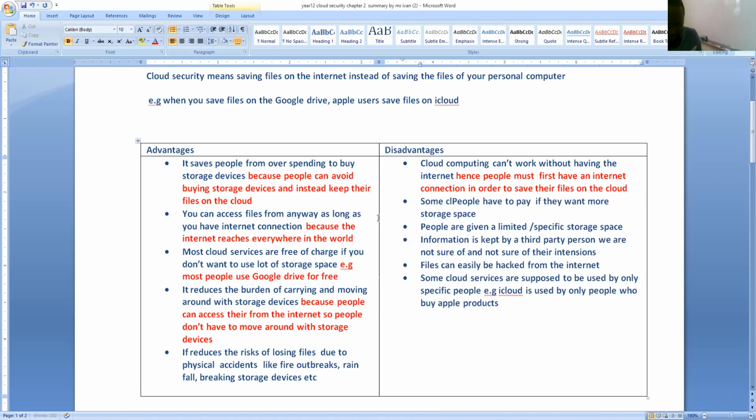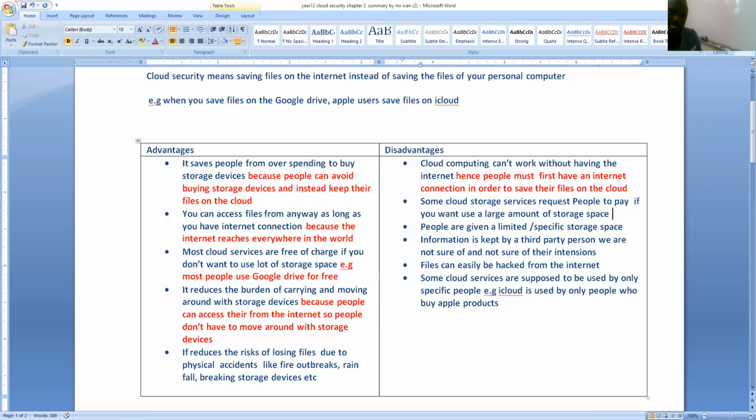Some cloud storage services request people to pay if you want to use a large amount of storage space. If you want to use a large amount of storage space, you have to pay.